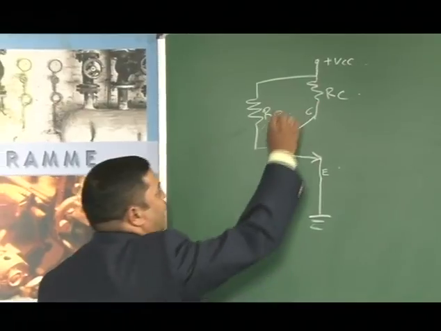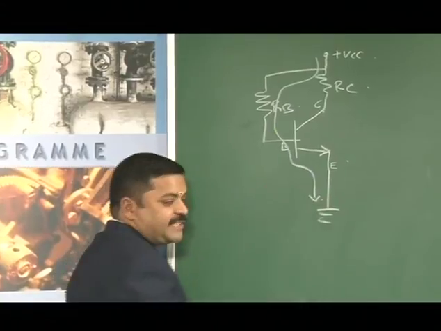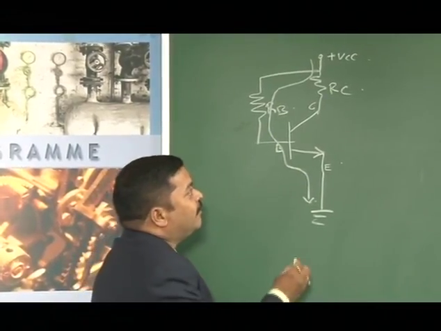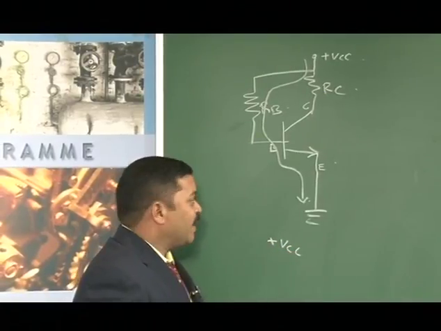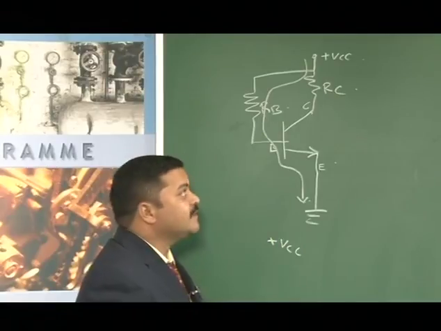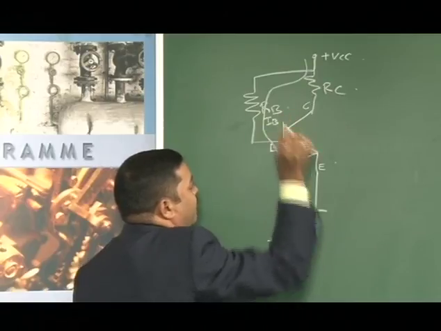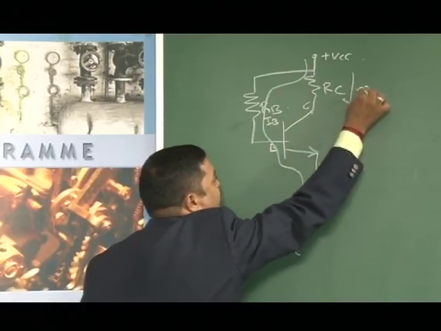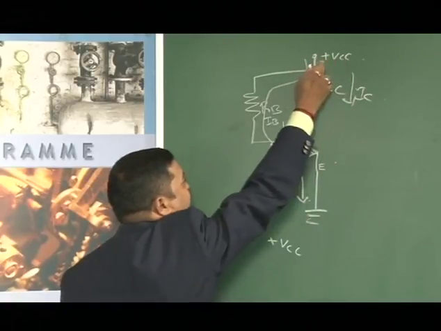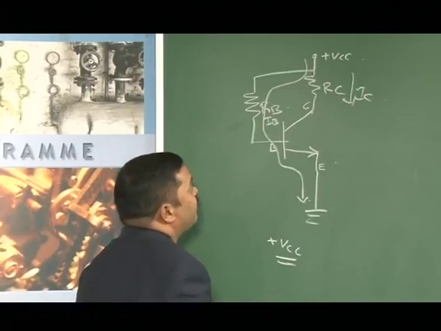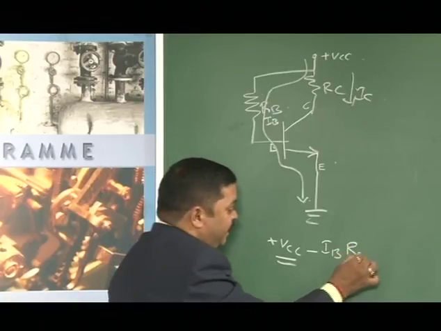When we apply Kirchhoff's voltage law to the base emitter loop here in this direction, we get plus VCC; minus to plus is taken as positive, and plus to minus is taken as negative. Here the current is going in this direction, IB, and IC is going in this direction. So, plus VCC minus IB into RB.